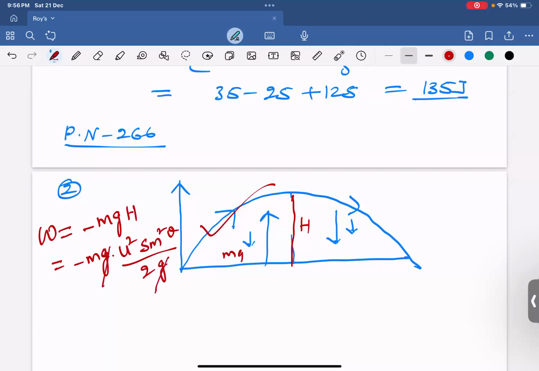G and g we can cancel. So we get minus m u square sin square theta divided by 2. You understand, Neil? Yes, sir. Okay.